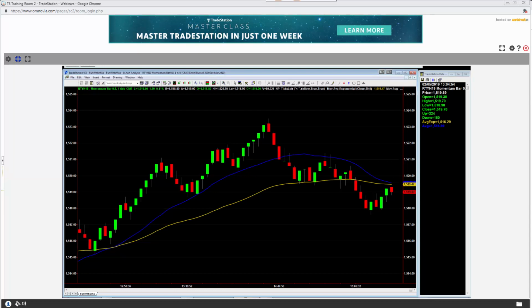These three dots tell us that the buyers are in charge or the sellers are in charge, even if it's just for a brief few bars or a lot of bars. We'll use other pieces of information to help us distinguish that. And one of the most important other pieces of information is what we call the balance line. The balance line, or the signal line, has different names, but it does the same thing. It's an incredibly powerful momentum indicator.